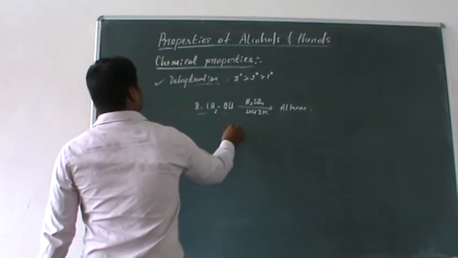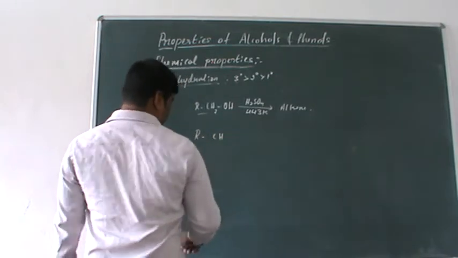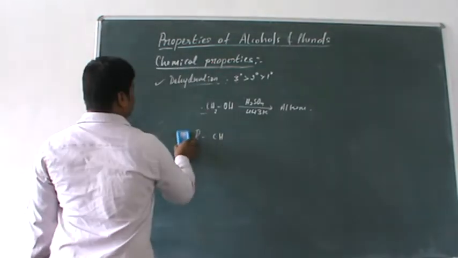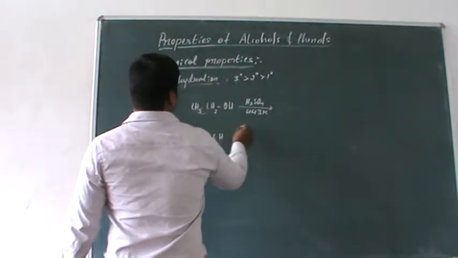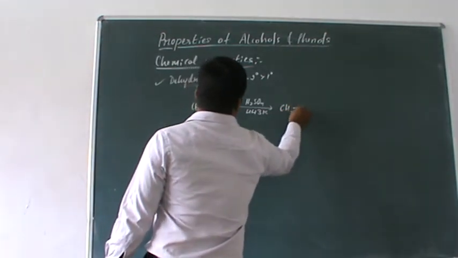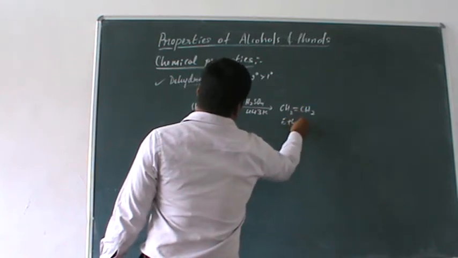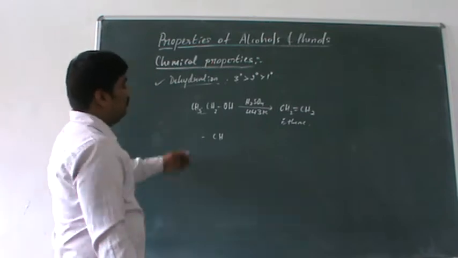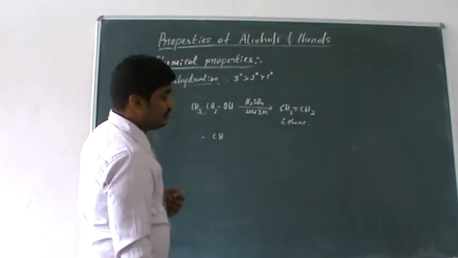Consider an example: CH3CH2OH becomes CH2=CH2, ethene. For primary, we need concentrated sulfuric acid at a higher temperature.